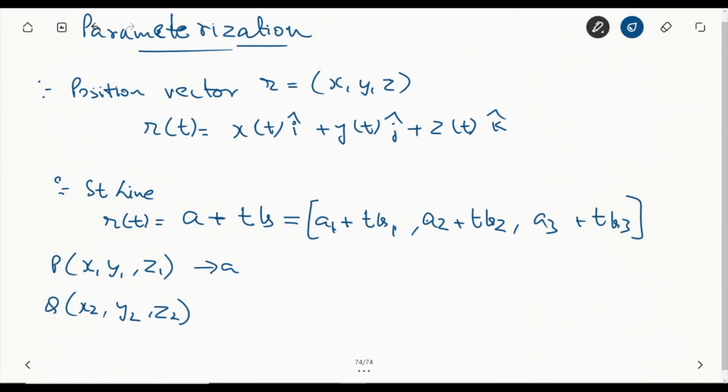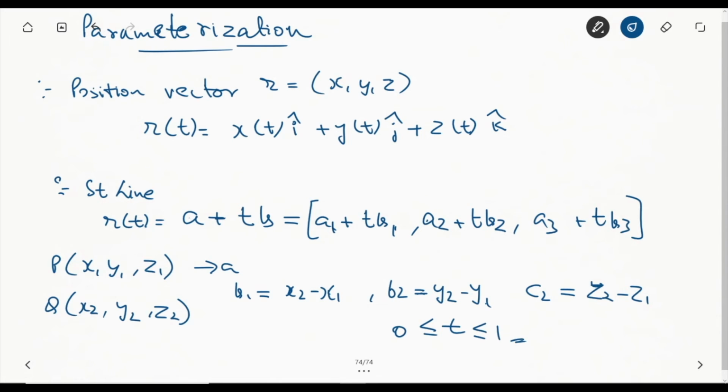And also this B1, B2 and B3 can be given as B1 will become x2 minus x1, B2 will be y2 minus y1 and B3 will be z2 minus z1, right? And T will probably vary from 0 to 1. We'll see this in questions also.